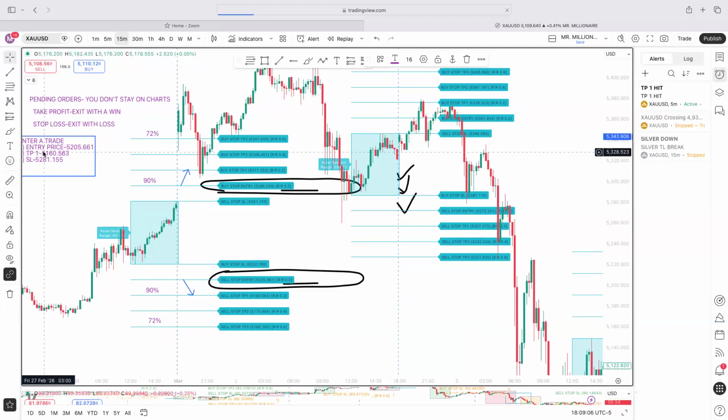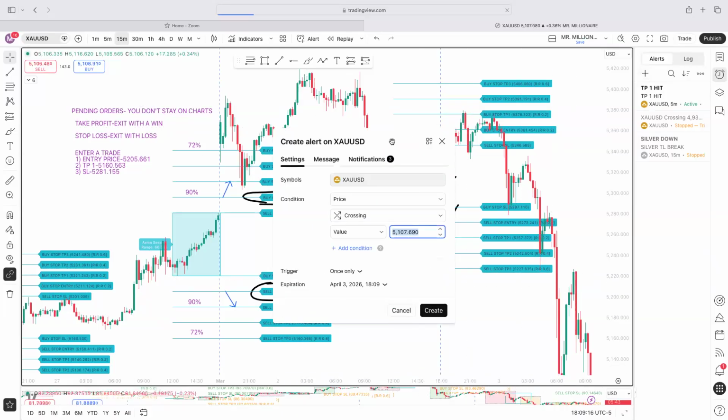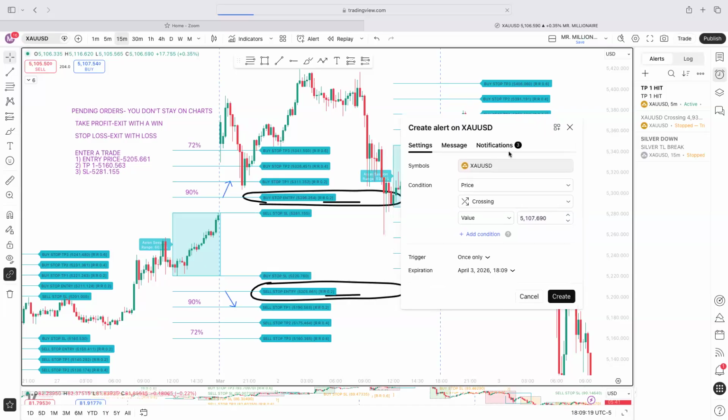So what I want to do is I want to create a pending order for this buy stop entry and this sell stop entry. So if I click the plus sign, I can actually tell the market, hey, when gold goes up or down or crosses this certain number, let me know.